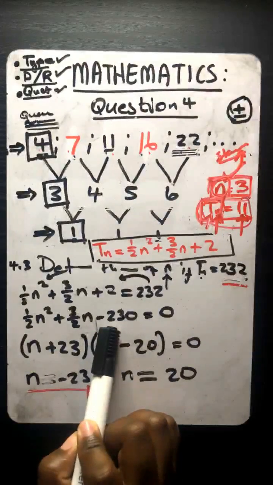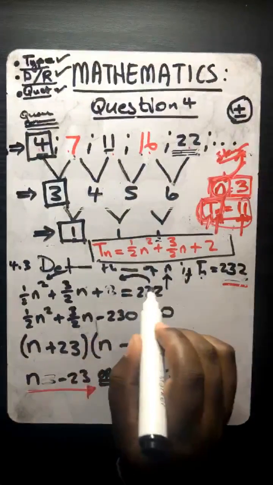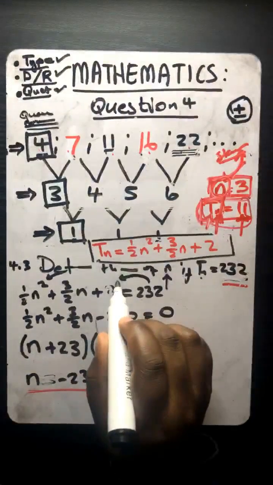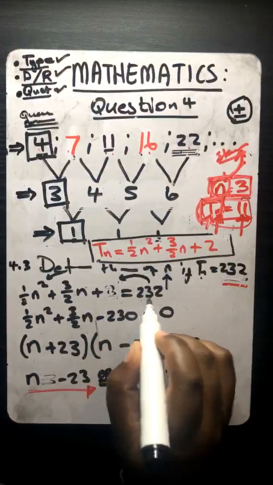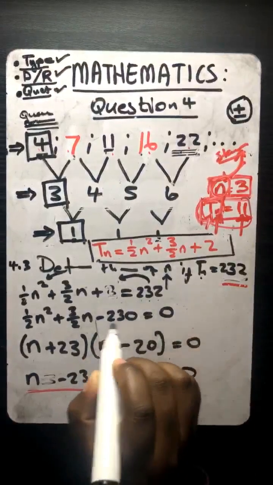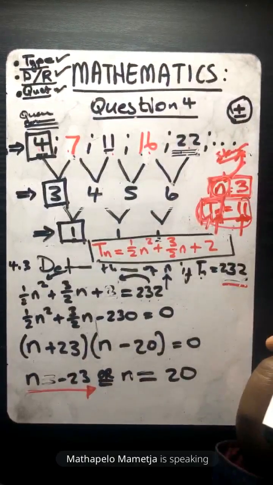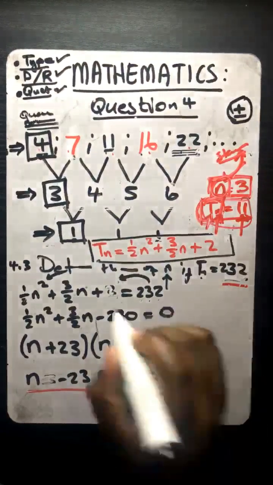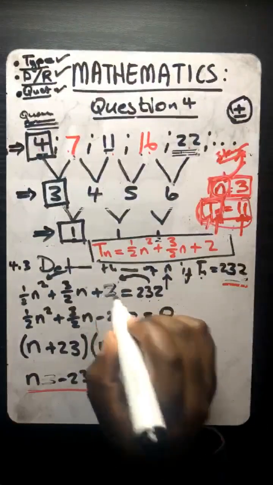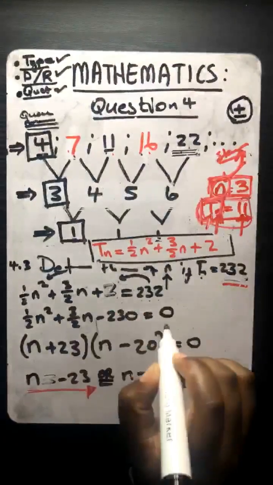So that 2 there, we want to take everything to the left and equate it to 0.